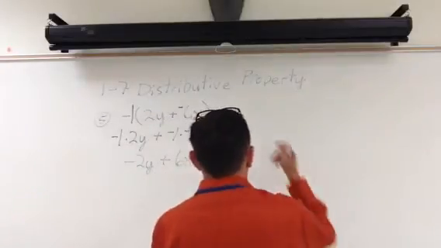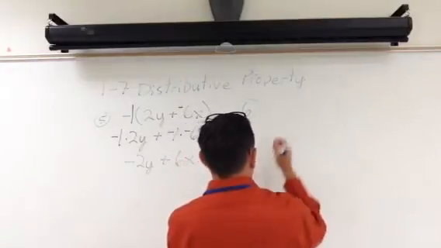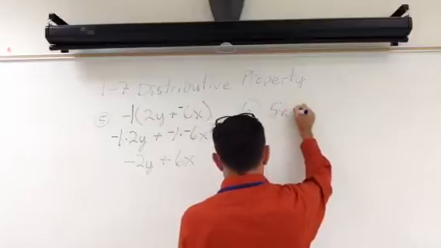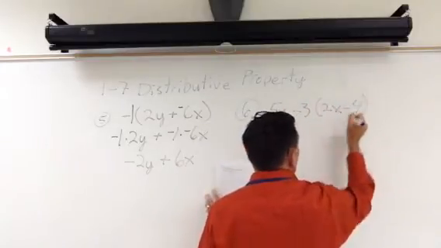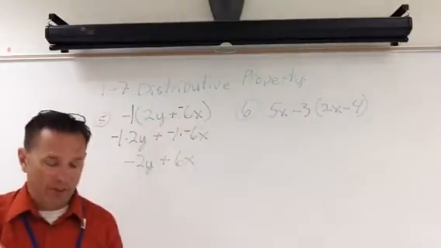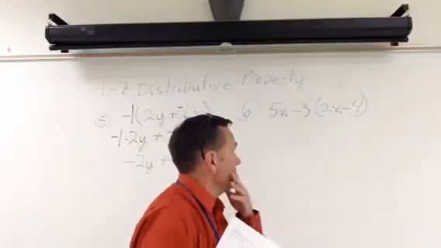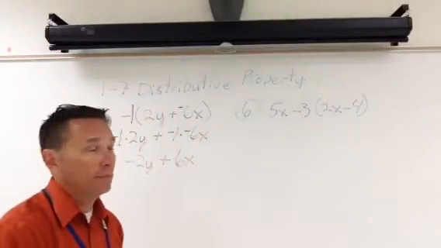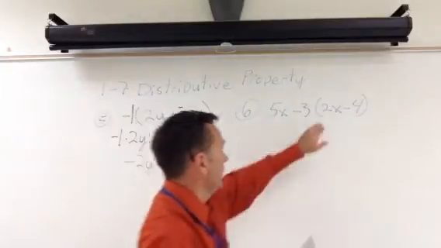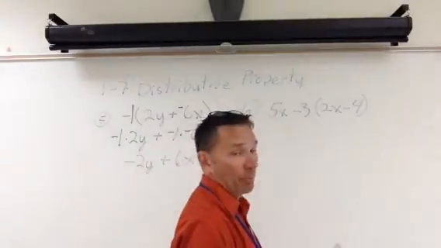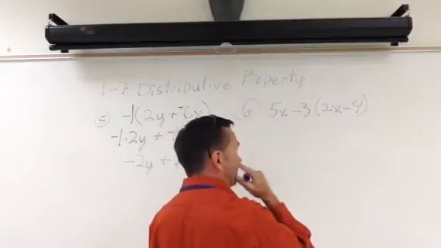Number 6. Let's get a little bit fancier here, a little bit more complicated: 5x minus 3 parenthesis 2x minus 4. Now what is the number distributing to the stuff inside the parentheses? And again, I'm going to change everything to adding opposites.